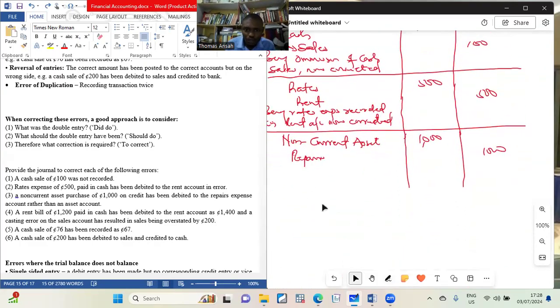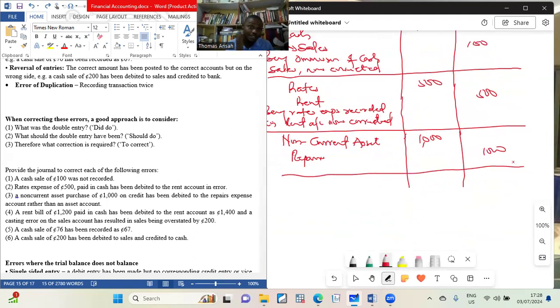All right. So all that we are doing, and anytime you hear something has been overstated, it means go to the opposite side and reduce it. It's as simple as that. So we are debiting our sales and we are crediting what? Rent. All right. So 200, 200.